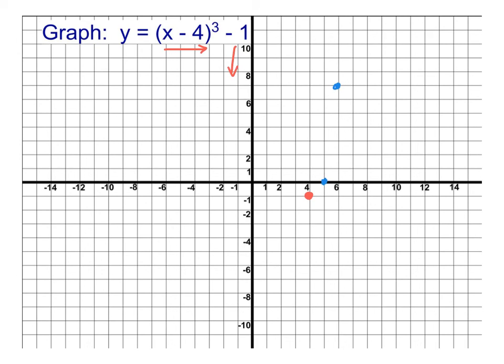And then repeat the process on the left side where we go left 1, down 1, and left 2, down 8. And then once you have those points plotted, then go ahead and draw the graph that goes through it. Yes, we do need to extend the graph out to the edge of the graphing grid from those points. So you plot all the points that fit, and then the graph.